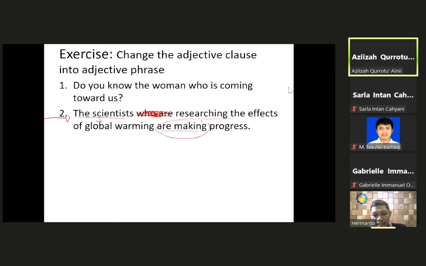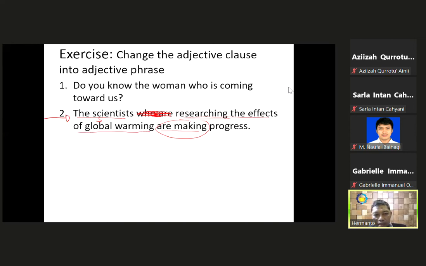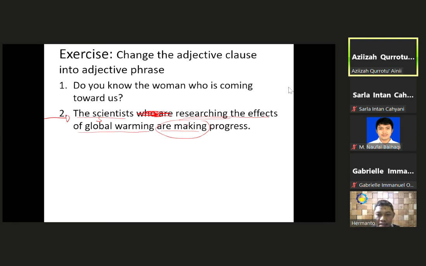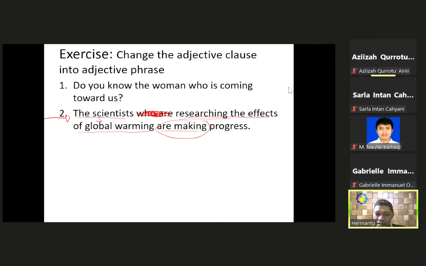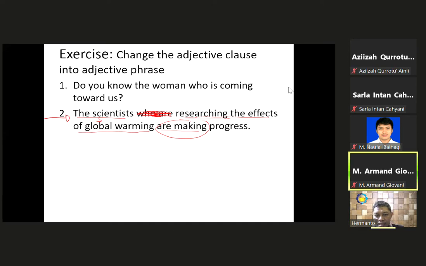Are making. So what is researching the effect of global warming? What do you call it? Adjective clause? No, no subject, no predicate. Researching the effect of global warming. There's no subject or predicate here.